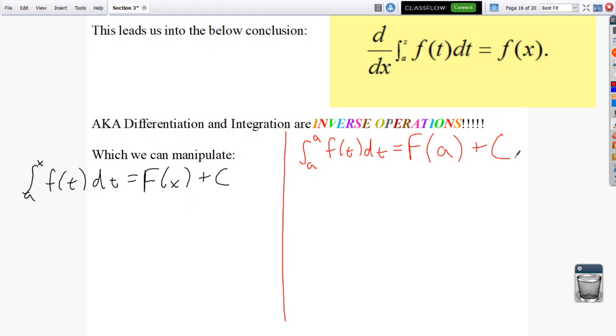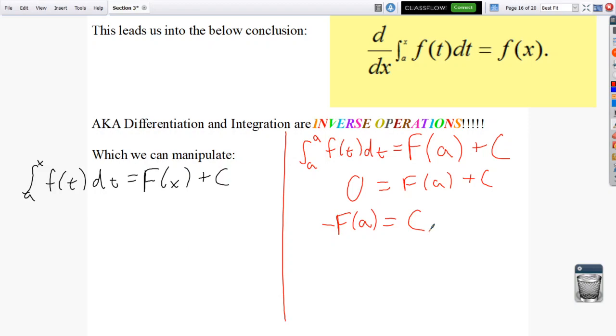Well, that seems about useless, unless I recognize I've got an integral from a number to itself, so I know that this is 0. Okay, this is going to be helpful. I can now solve this for c. I now get negative F of a is equal to c.